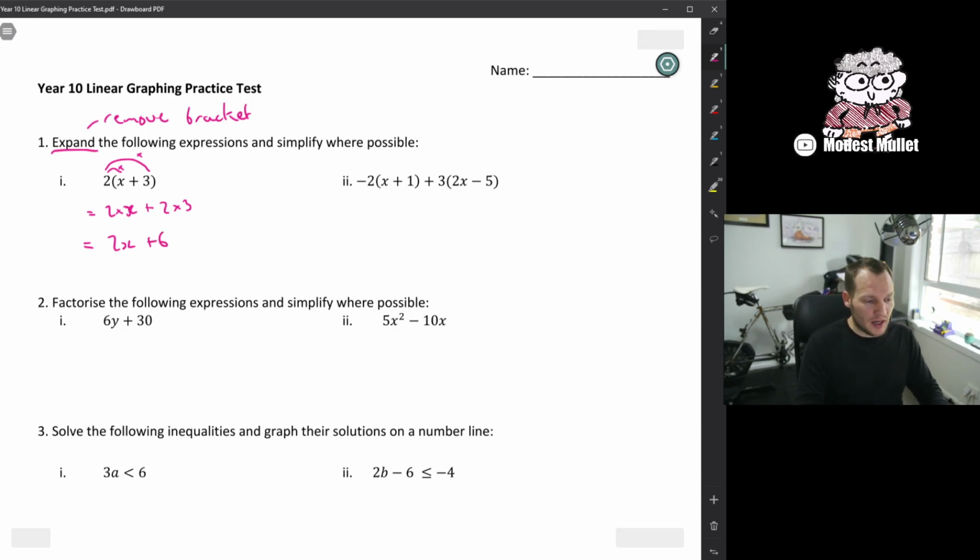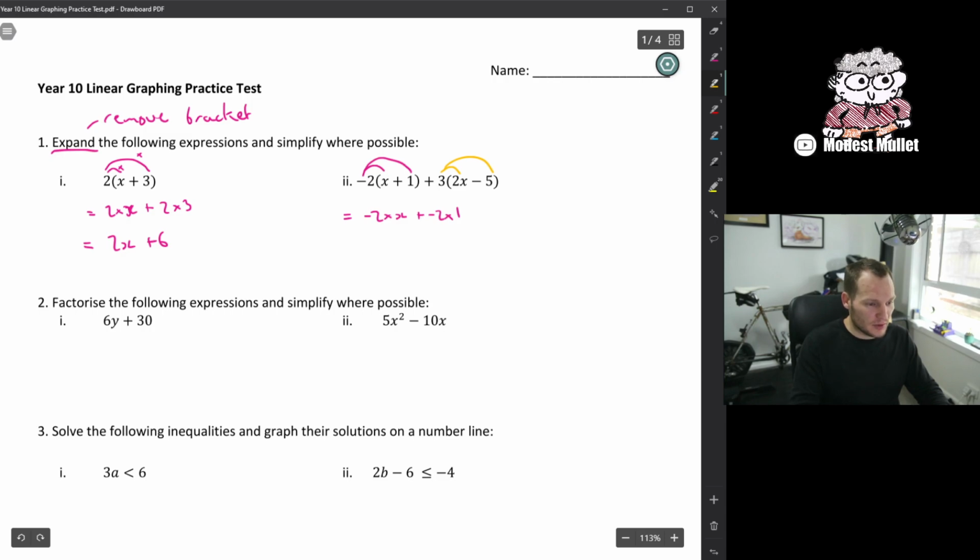Part 2 looks a whole lot harder, but it's just 2 sets of brackets. Whatever's in front of that particular set of brackets, we multiply by everything inside. So we get negative 2 times x, and then we also get plus negative 2 times 1. And that's the first bracket done.